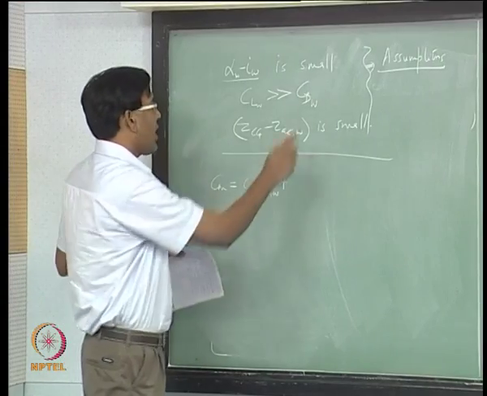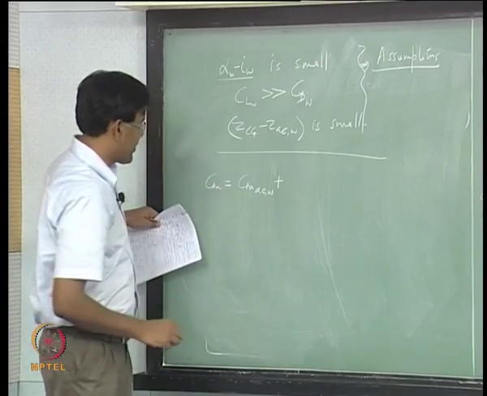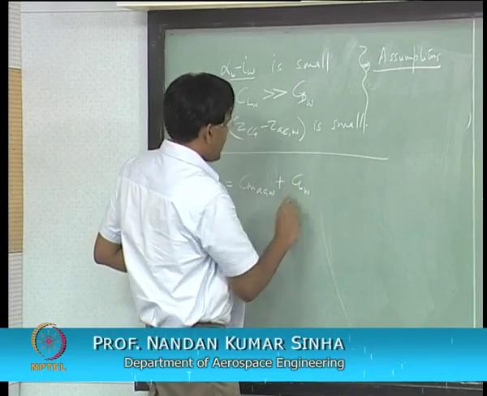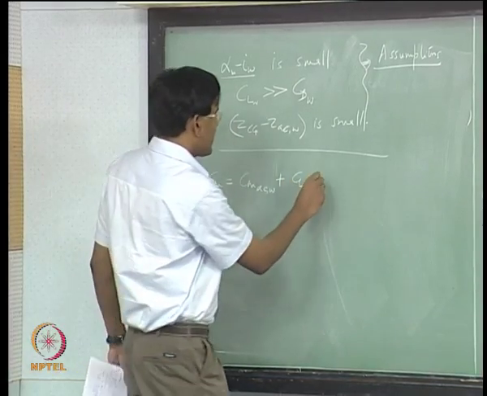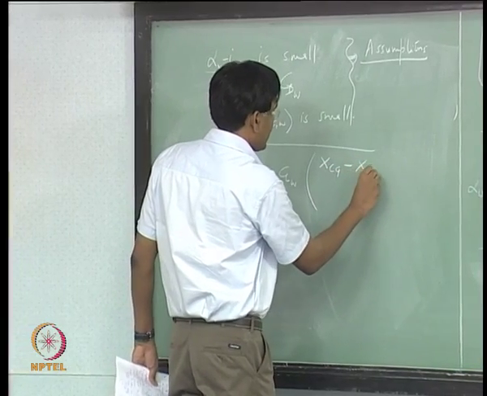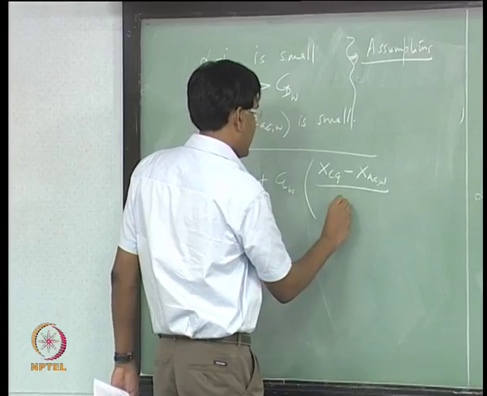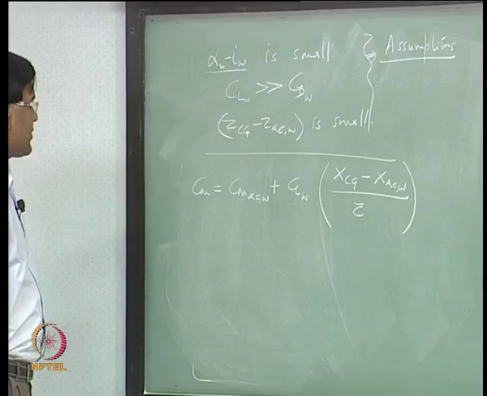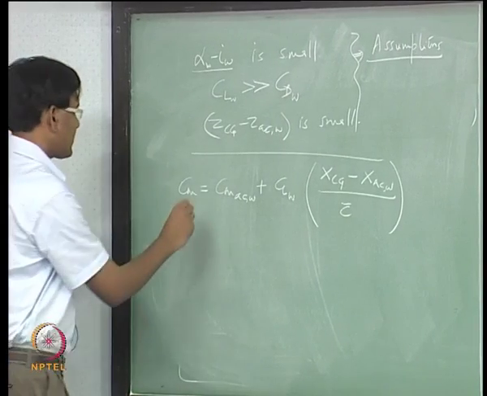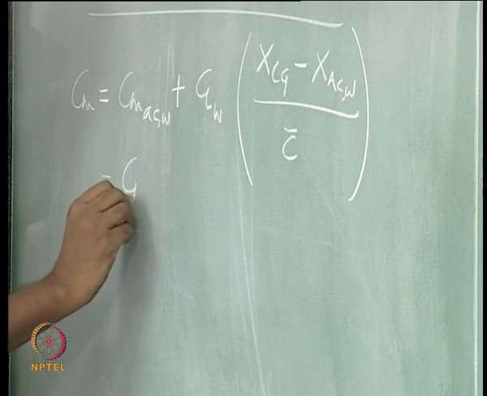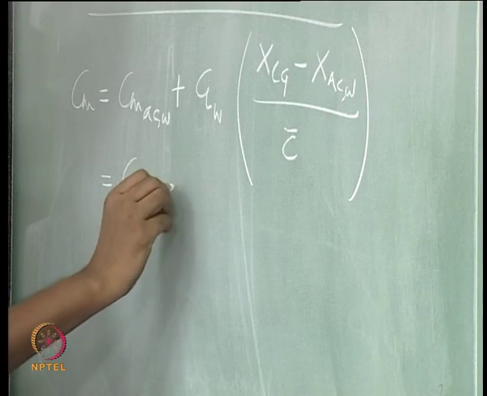So, what we get is Cm, now after using these assumptions, Cm equal to CmACW plus CLW into XCG minus XACW over C bar. Let us also try to include the effect of camber.